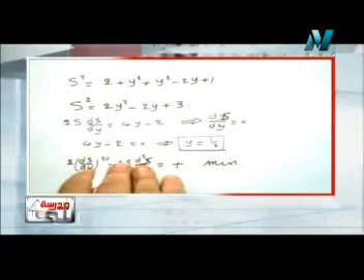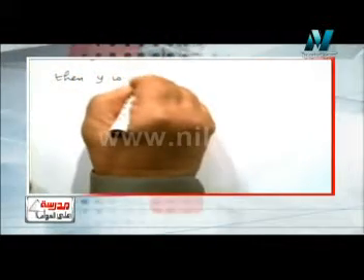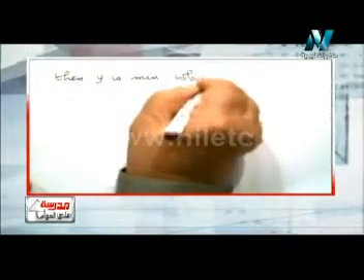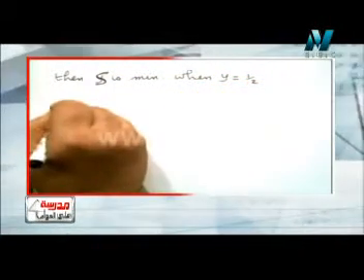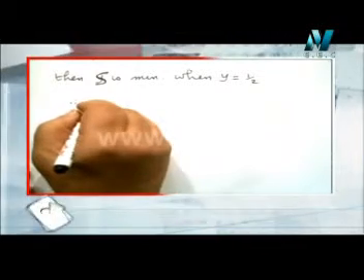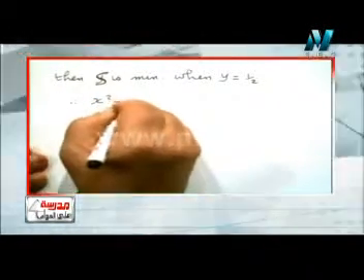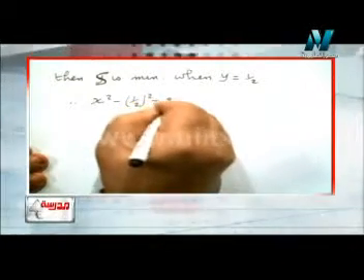Then s is minimum when y equals half. Therefore x square minus half square equals 2.